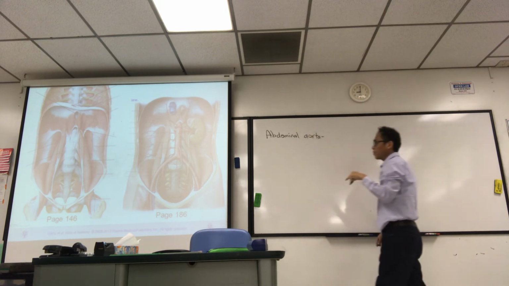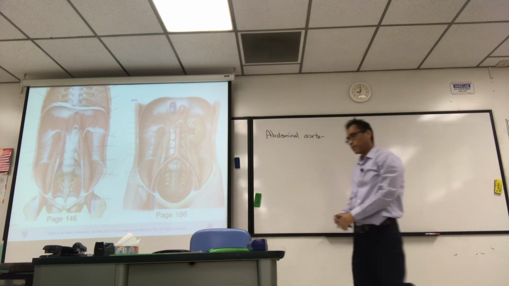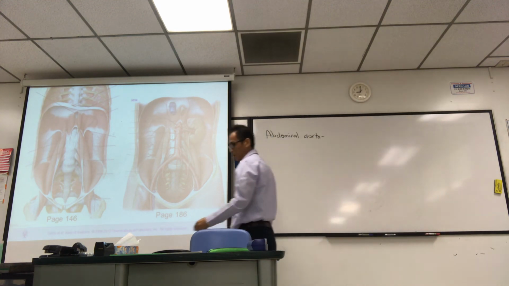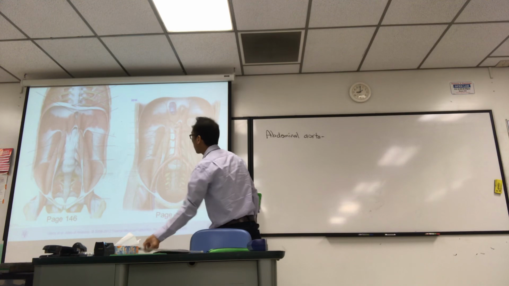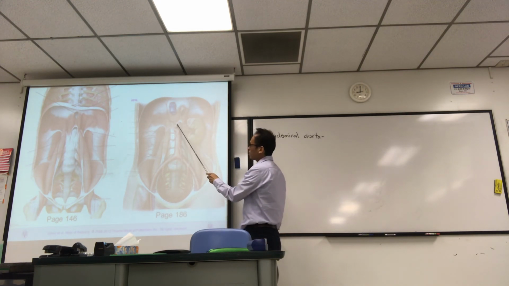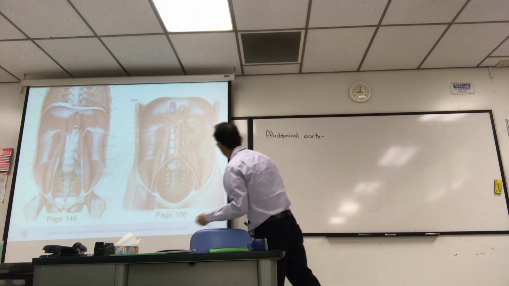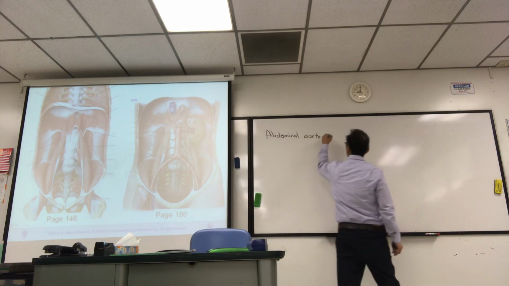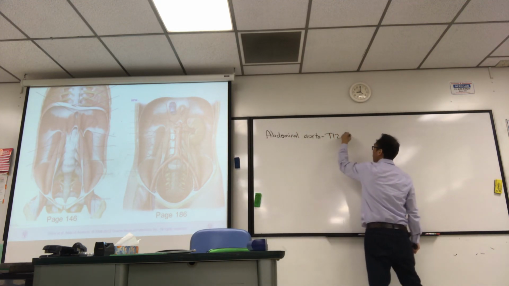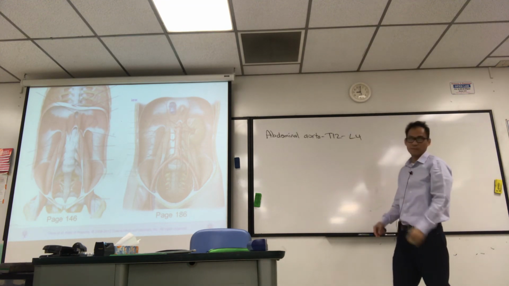It enters the aortic hiatus down here, about the level of T12. It runs from T12 all the way down to around the L4 vertebra. That's usually what we say. That's the length of it.